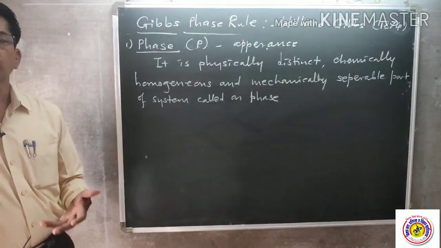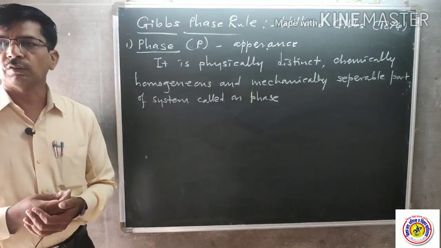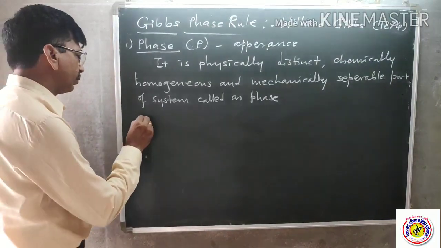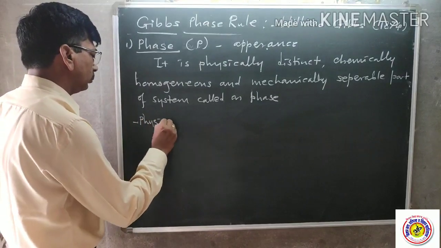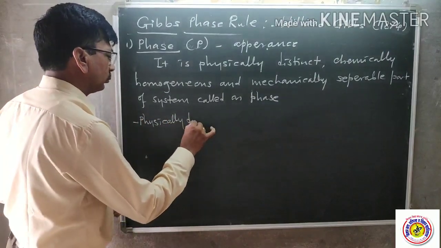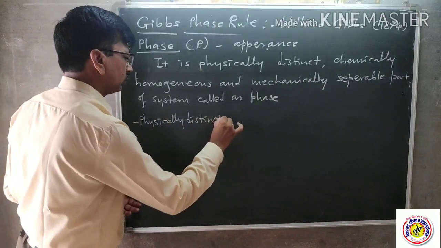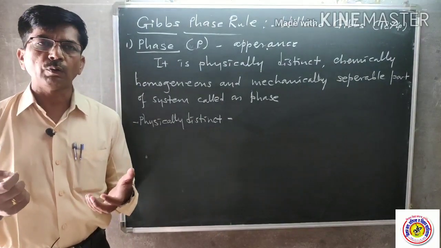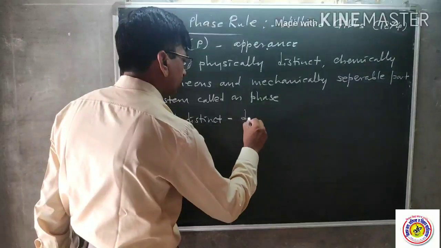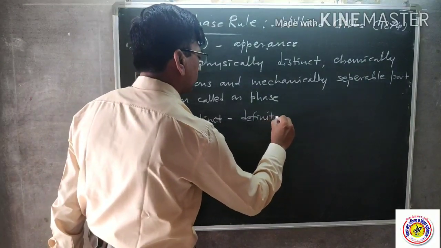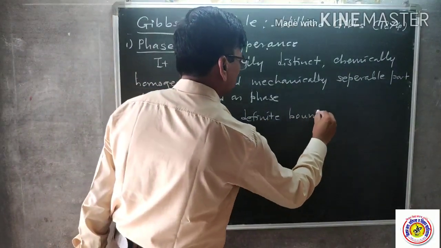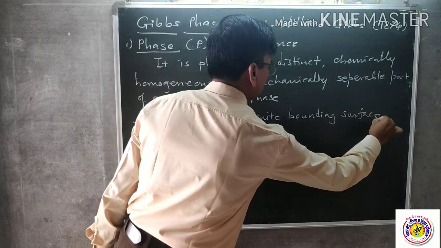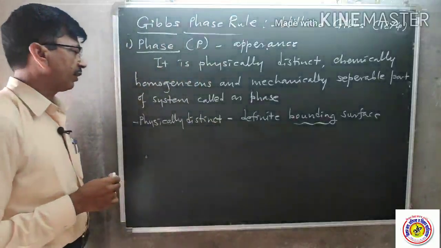Now we see how to calculate phases. Before that, we'll see the meaning of each term. Physically distinct means these phases have a definite bounding surface. When they have a definite bounding surface, then they are physically distinct.